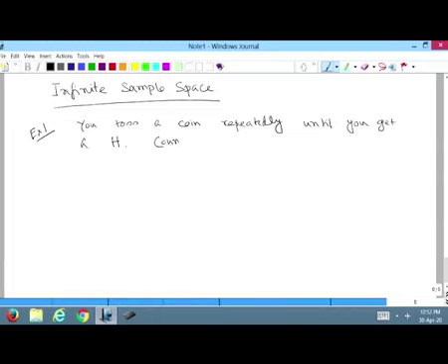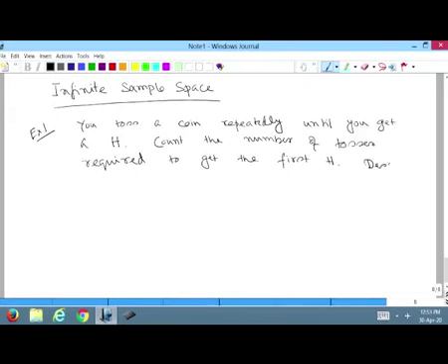Count the number of tosses required to get the first head. Describe the sample space.